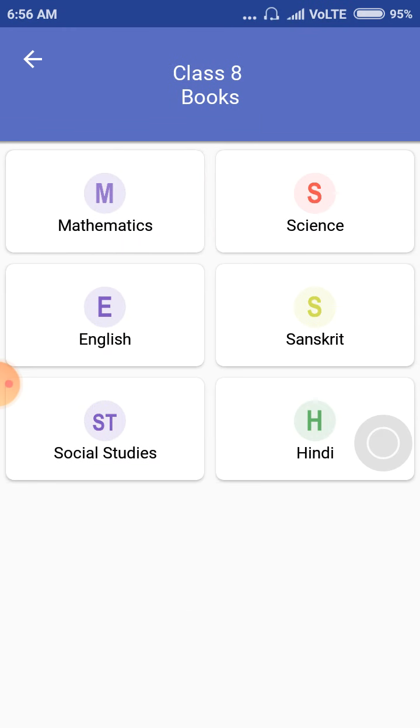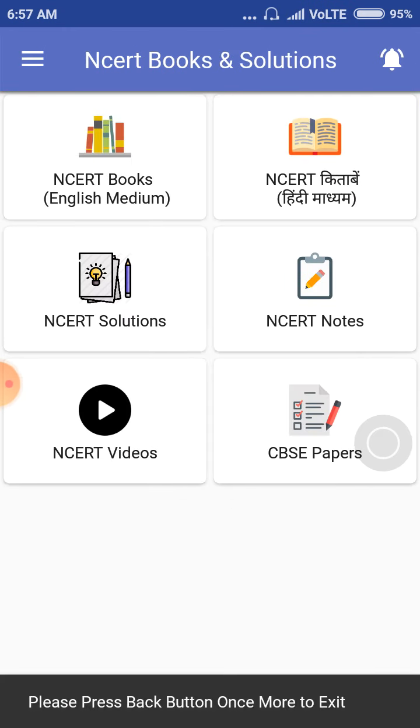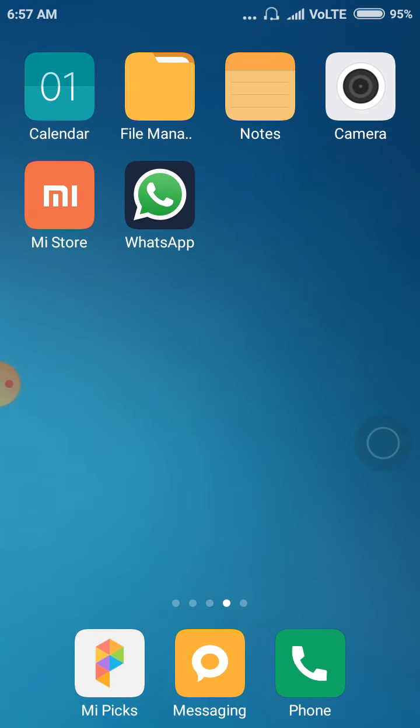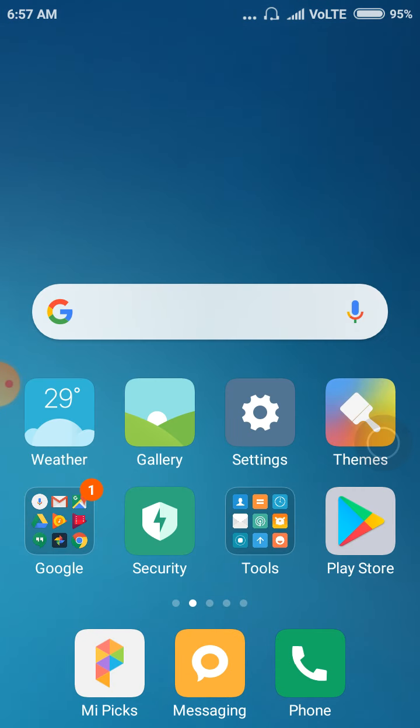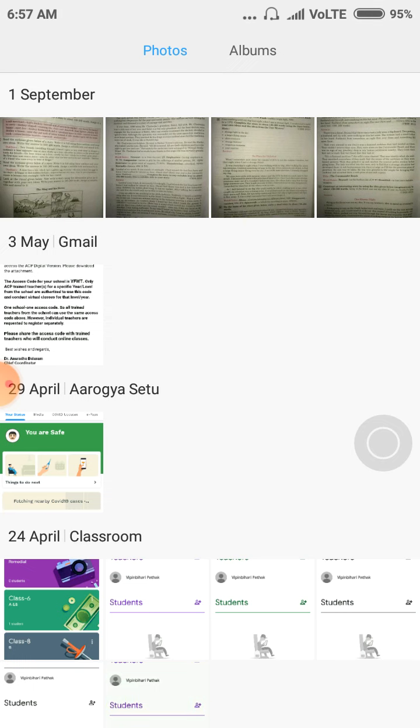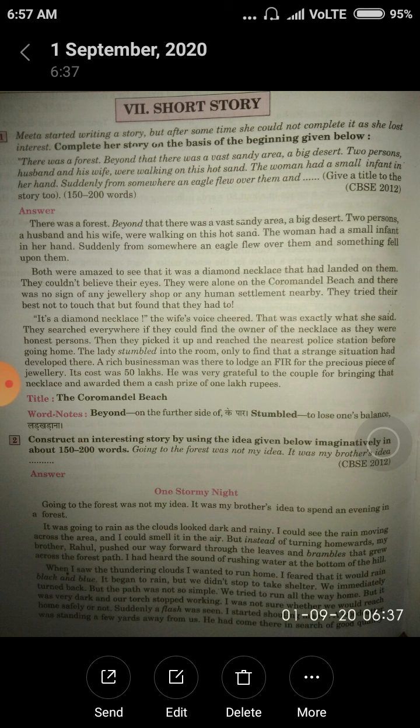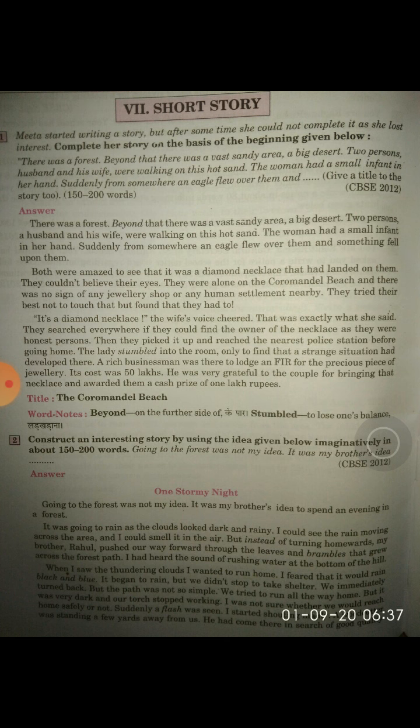But this question is asked in different ways. Now you are a student of class 9 and you can see another question to write a story.